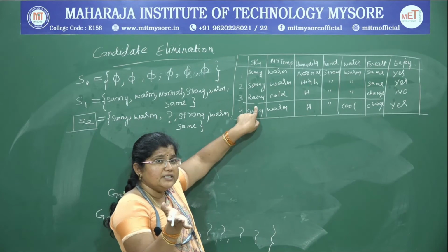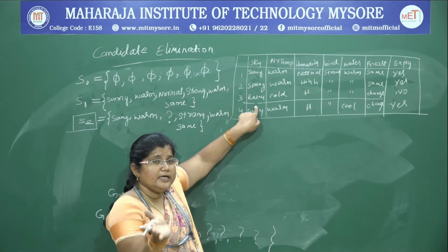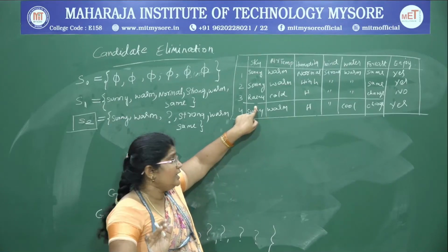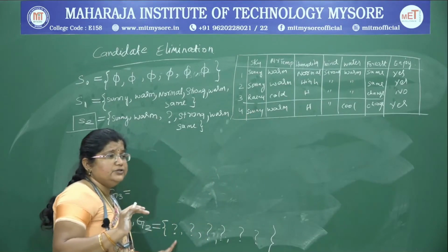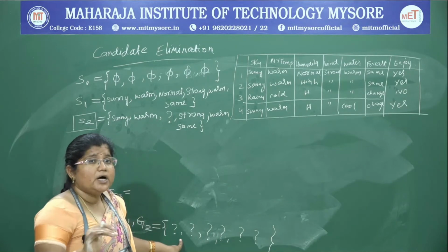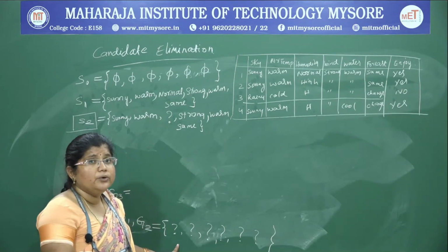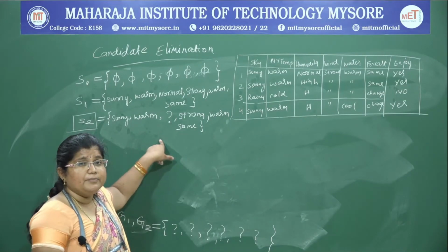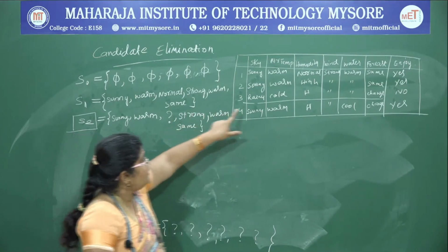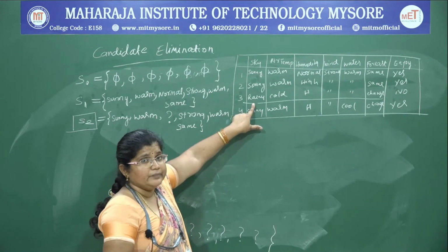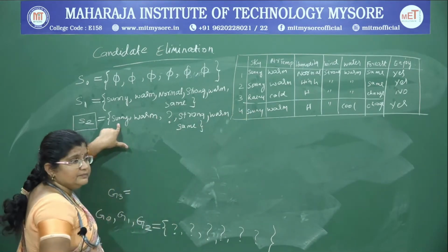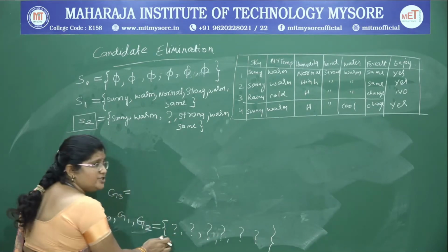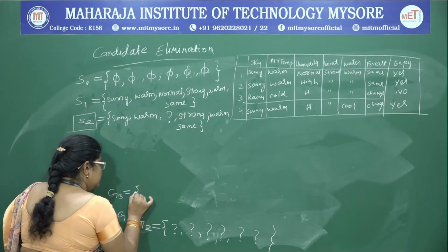Whenever we are dealing with the negative training example, we should make a note that we write a question mark with the opposite attribute value representing the positive training example's hypothesis. Here it is rainy, but this is sunny. So we are making this question mark in G3.